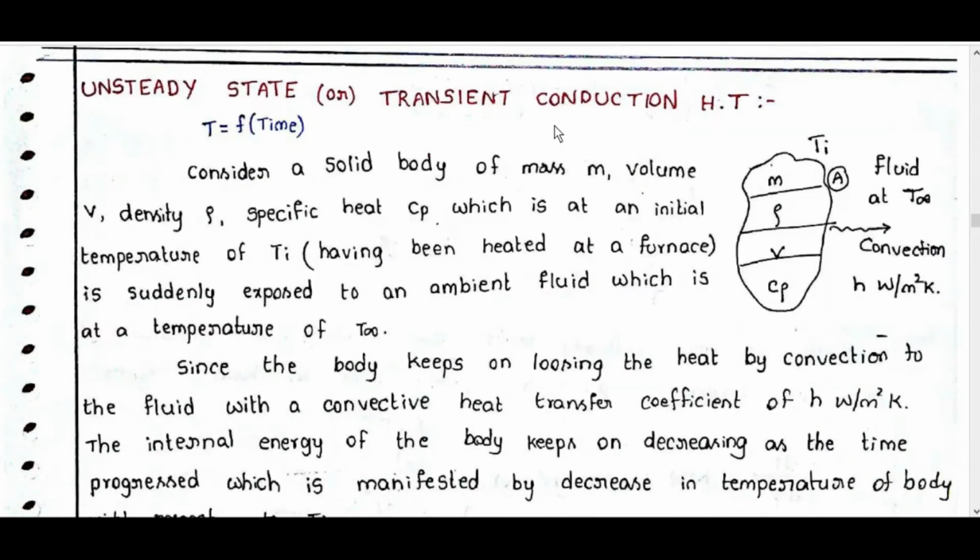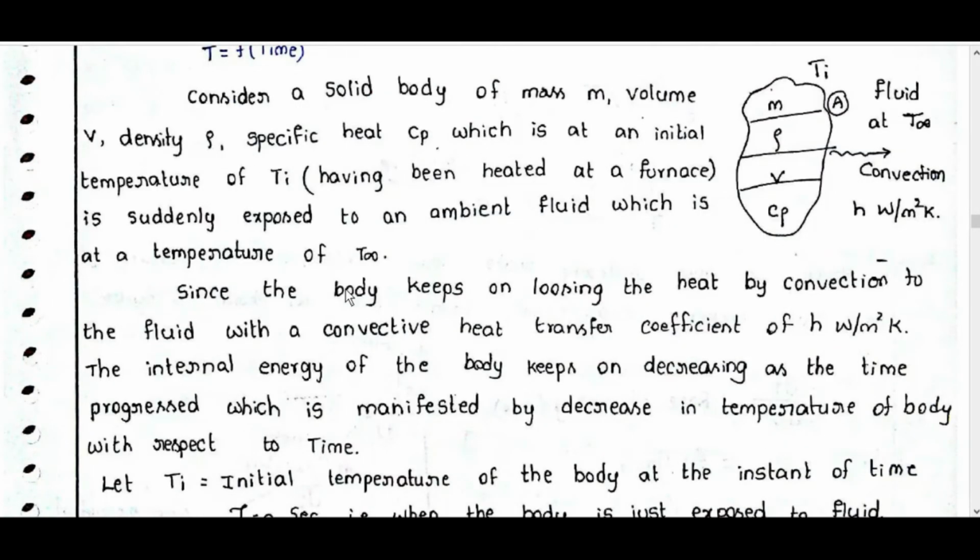Unsteady or transient conduction heat transfer: T is equal to a function of time. Consider a solid body of mass m, volume V, density rho, specific heat Cp, which is at an initial temperature of Ti. Having been heated in a furnace, it is suddenly exposed to ambient fluid at a temperature T infinity, with convection H watt per meter square Kelvin.